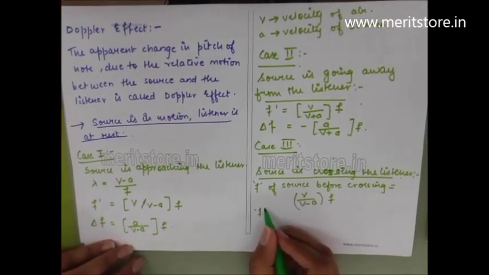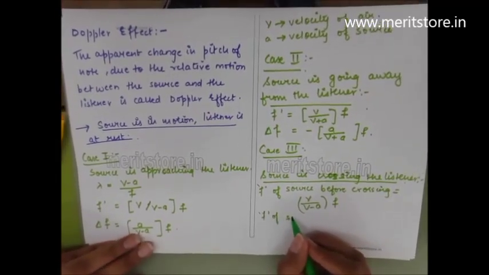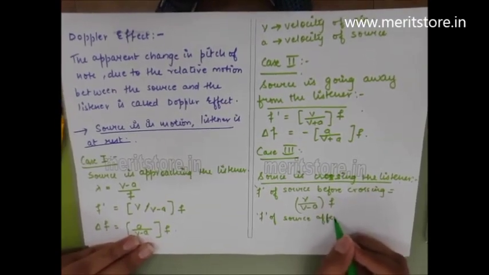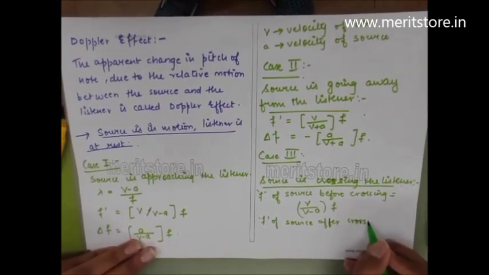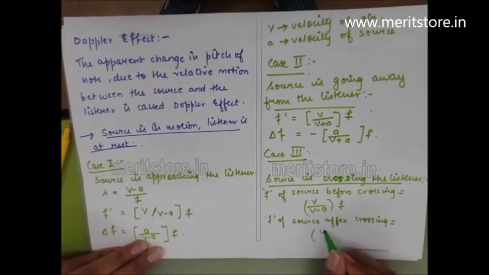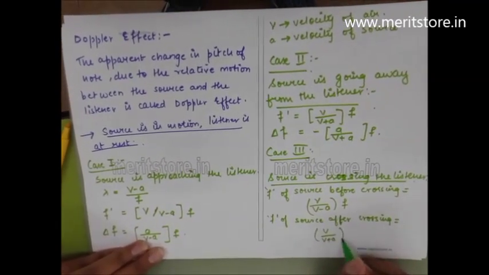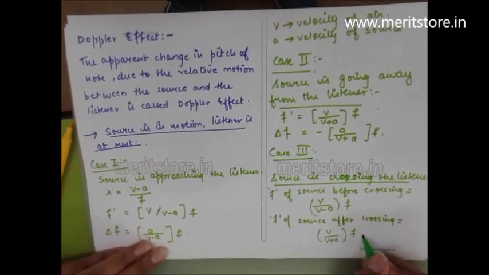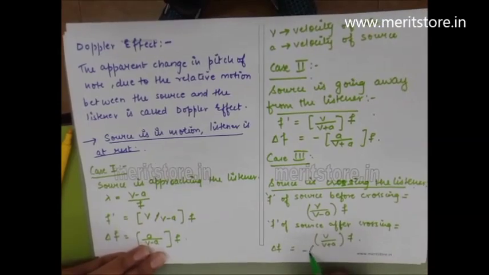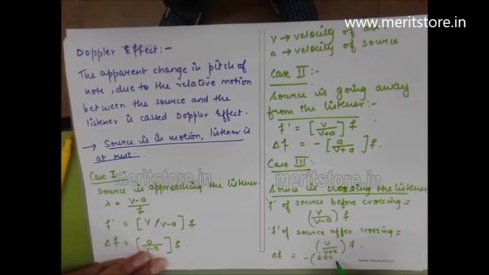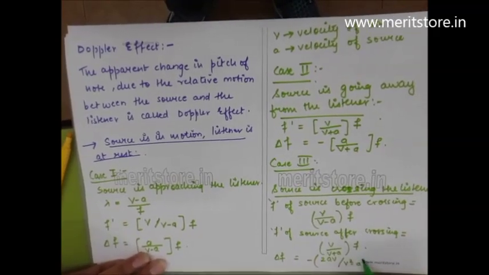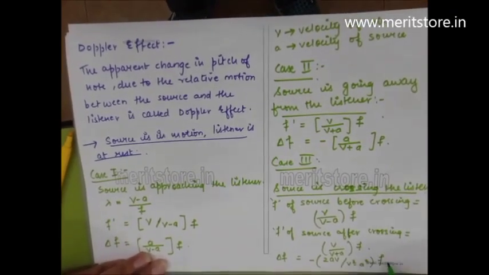The apparent frequency of source after crossing is given as v upon v plus a multiplied by f, and the change in frequency is given as minus 2av divided by v square minus a square multiplied by f.